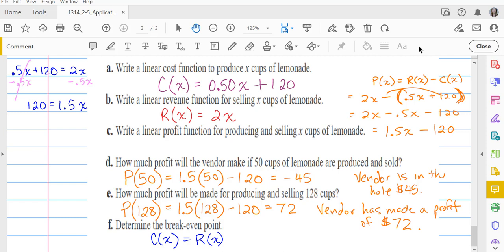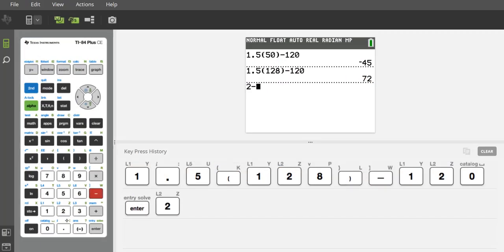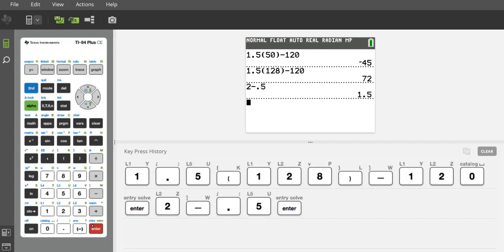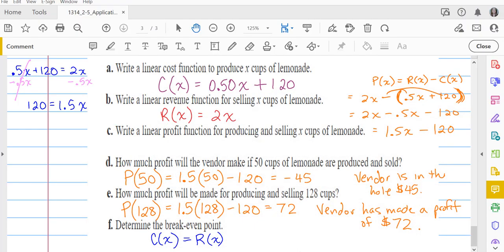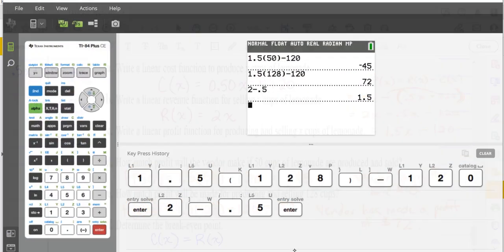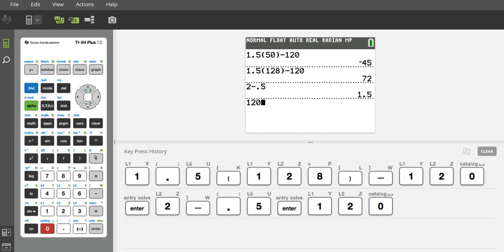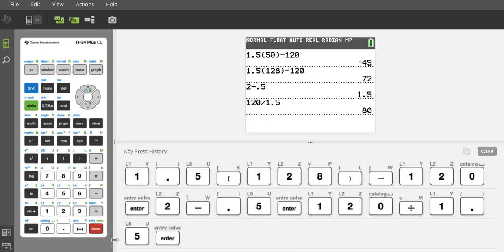That's 2x minus 0.5x. Now to get the x by itself, I need to divide both sides by 1.5. I will be left with x on the right-hand side, and on the left-hand side, 120 divided by 1.5 is 80.